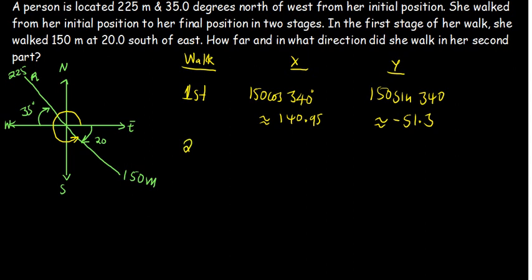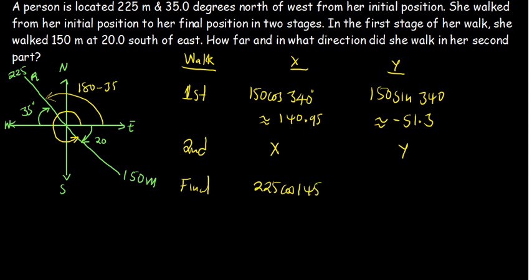Now in our second walk, that's what we want to find. We don't know the x component, and we also don't know the y component. But the resultant or final position we've been told is 225, that's the magnitude. For the x component, you take this angle from the positive x-axis. If we've been given this as 35, this angle is just 180 minus 35, which gives us 145.